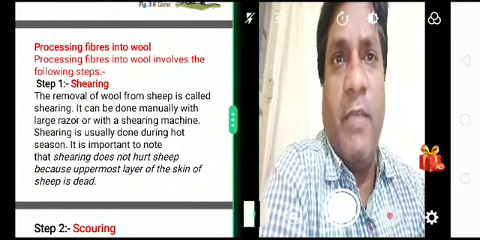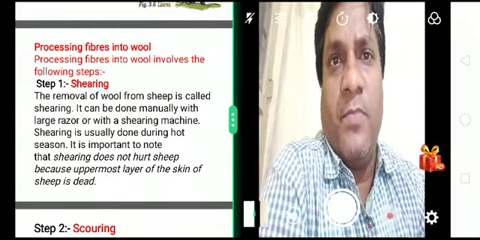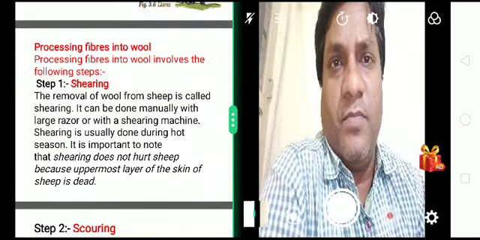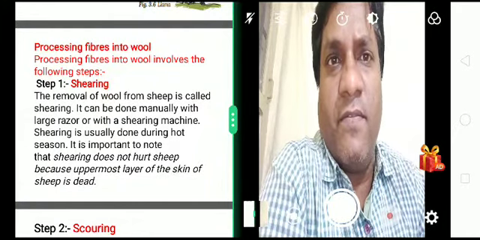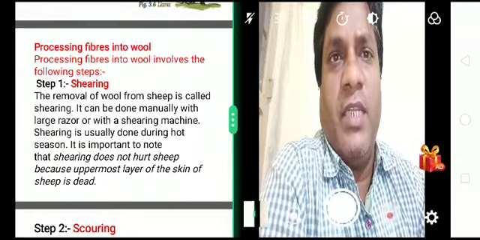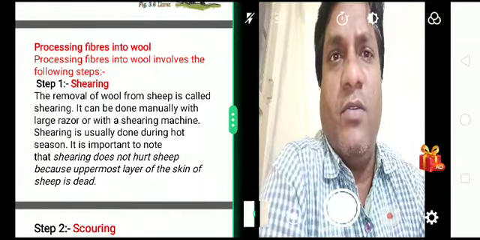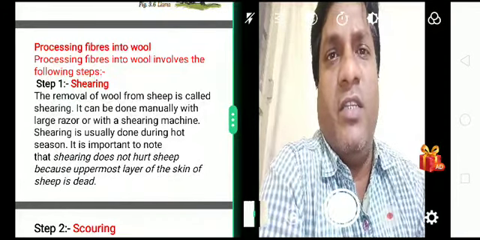The first step in the processing of fibers into wool is shearing. Shearing, the removal of the wool from the sheep, is done manually with a large razor or with a shearing machine.